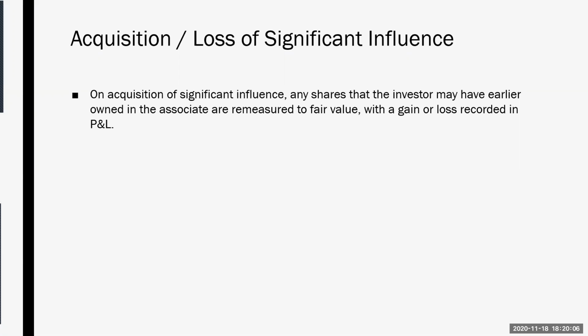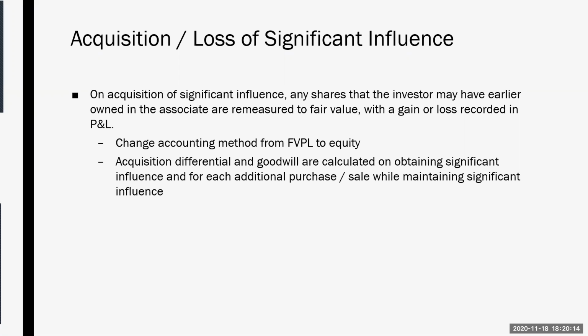The obtaining of significant influence will trigger a change in accounting method from fair value profit or loss to the equity method. And that would mean an acquisition differential and goodwill are calculated.